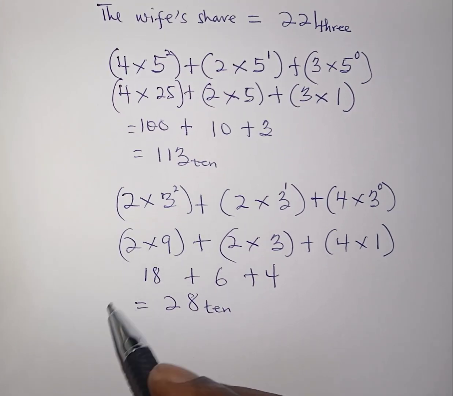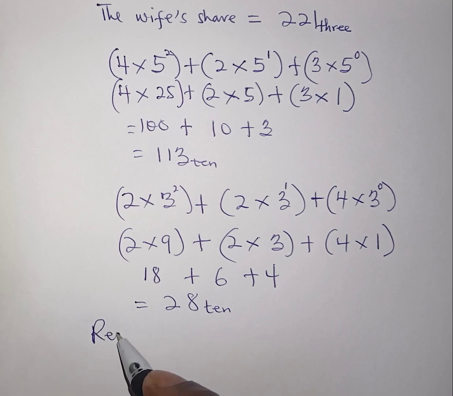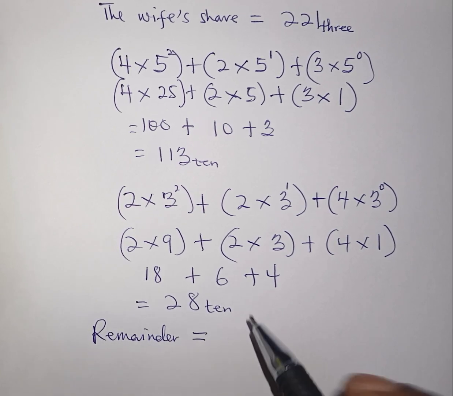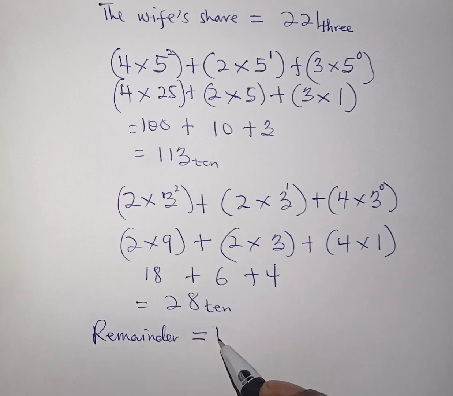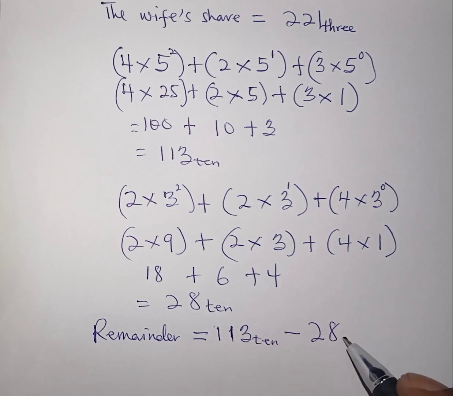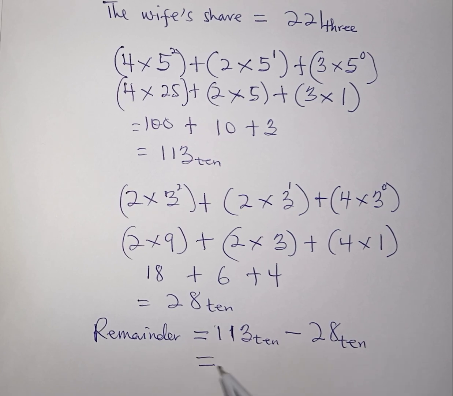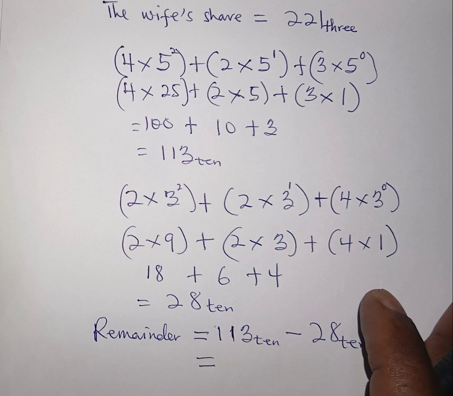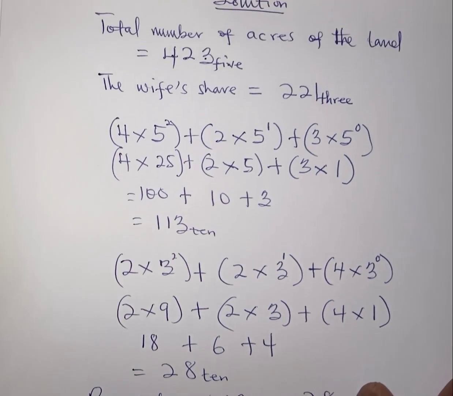So the remainder is equal to 113 base 10 minus 28 base 10, and that gives us, okay, let's make little corrections here.